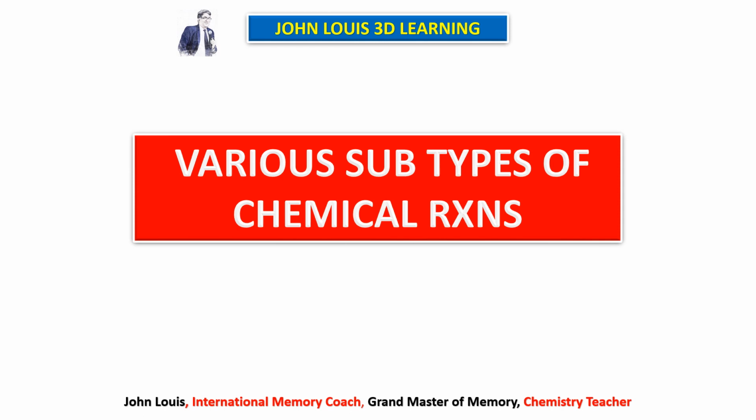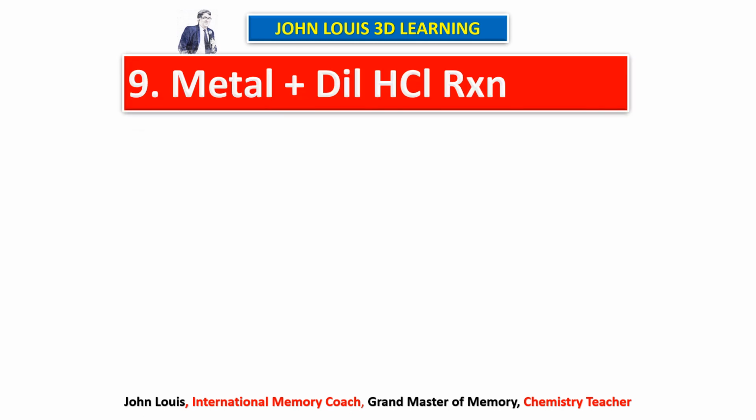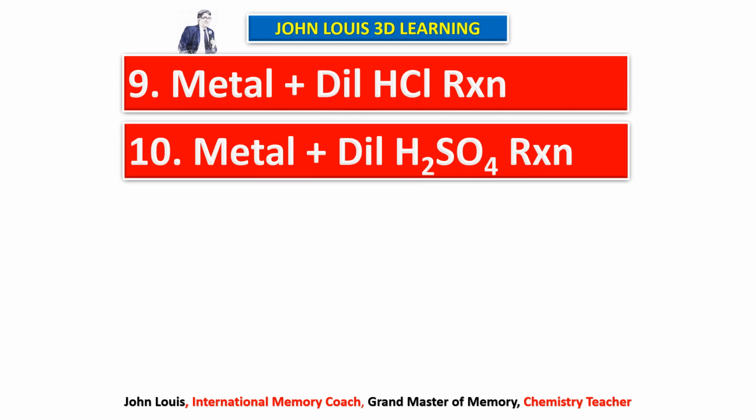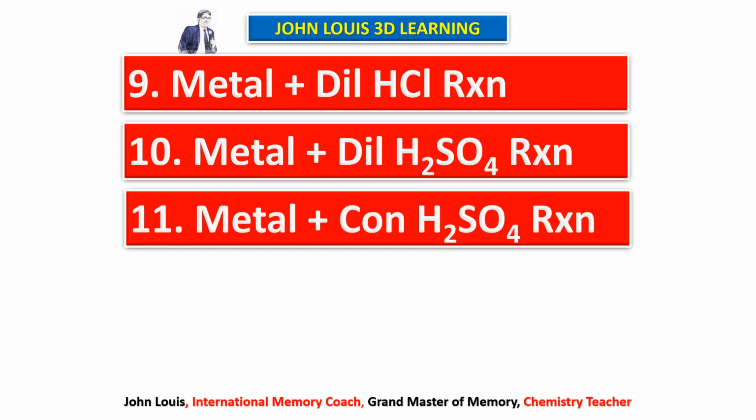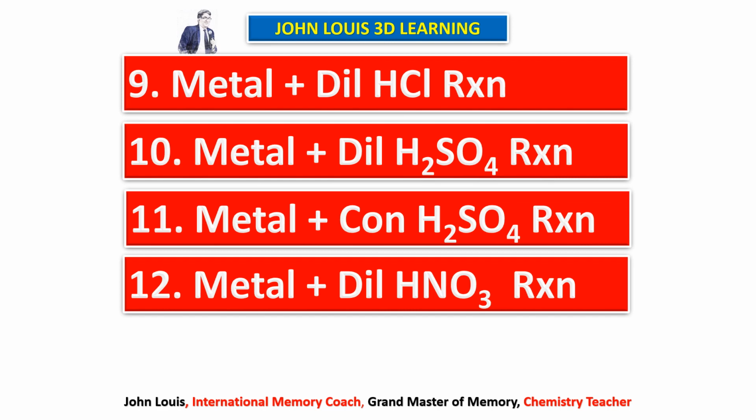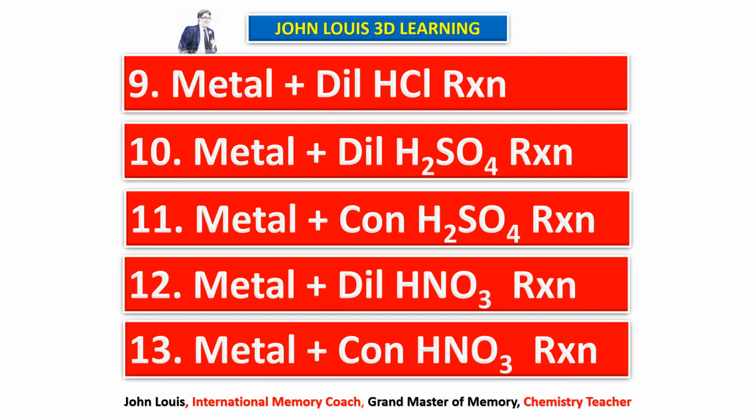What are they? Metal plus dilute hydrochloric acid, metal plus dilute sulfuric acid, metal plus concentrated sulfuric acid, metal plus dilute nitric acid, metal plus concentrated nitric acid. These we can consider as metal plus acids.